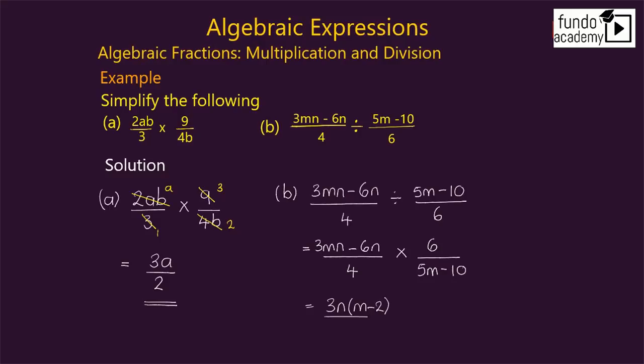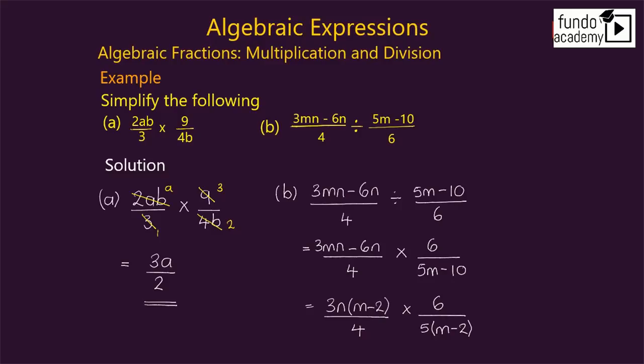That's divided by 4, and that is multiplied by 6 over, in this case we want to factorize 5m minus 10. We factor out 5, and we divide 5 into 5m minus 10. What we get there is m when we divide 5 into 5m, and if we divide 5 into minus 10, we get minus 2.